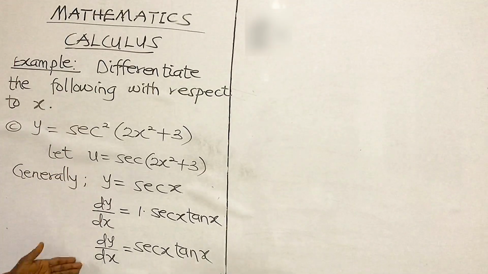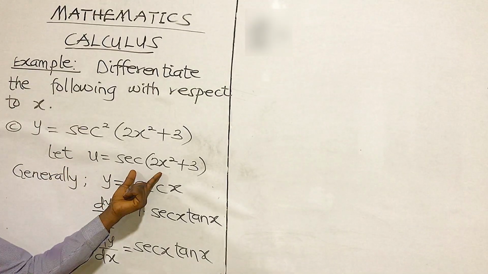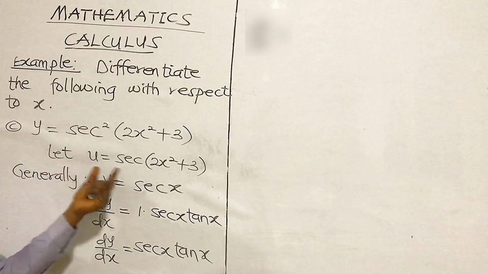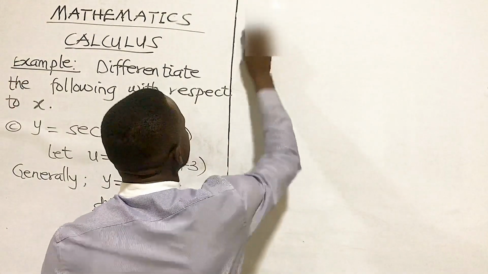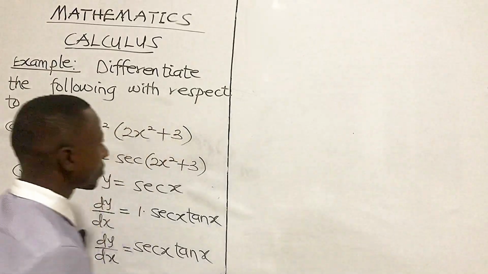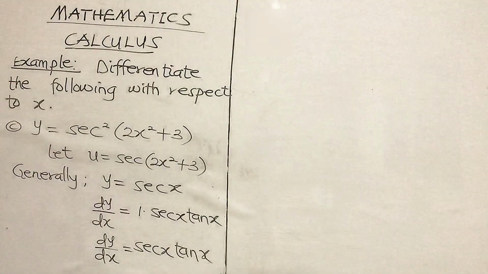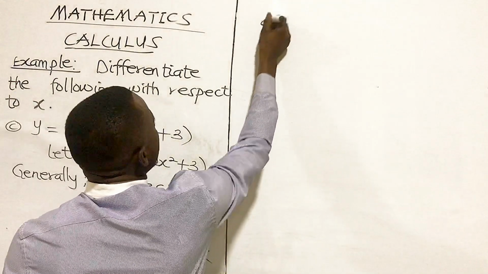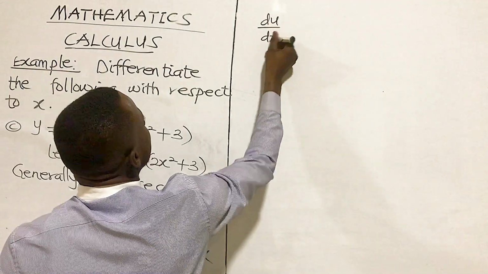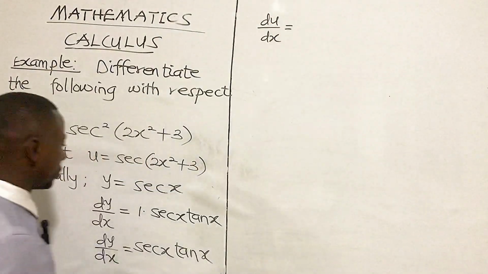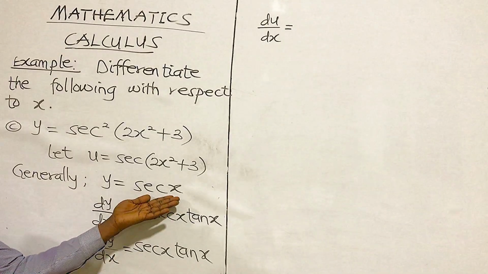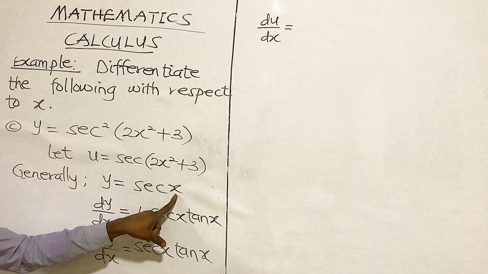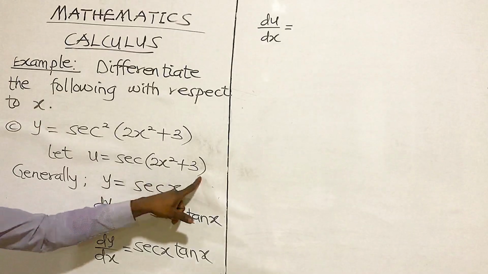So that's the same idea we are going to use when differentiating u with respect to x. So now we have du over dx is equal to, so just as we differentiated this, we started from the x. So here I'm going to start from the bracket.